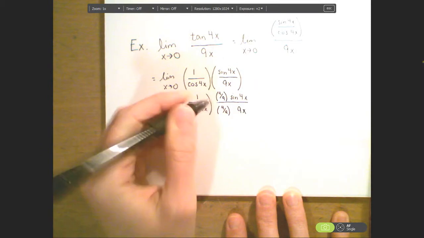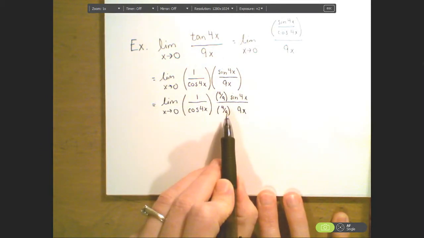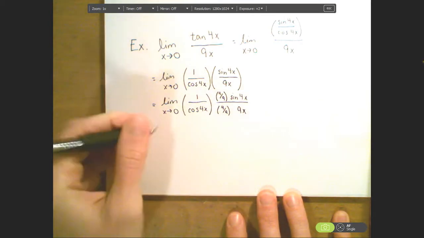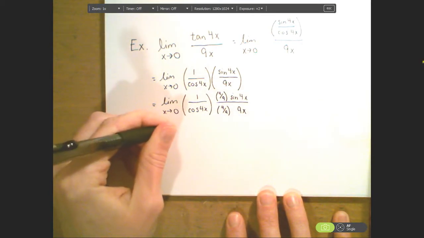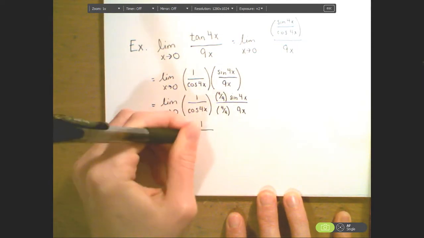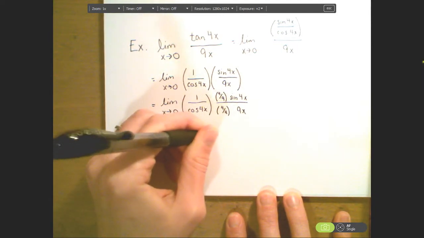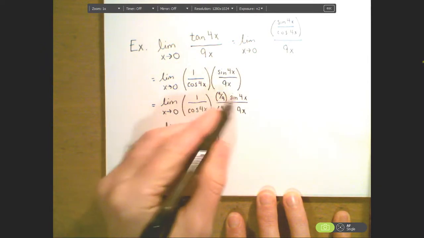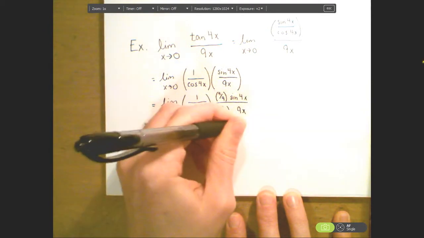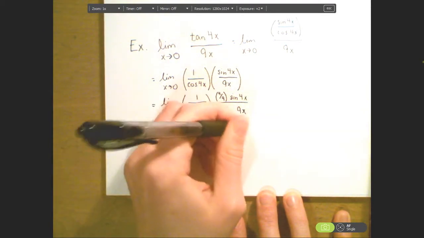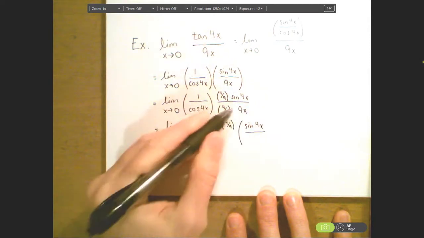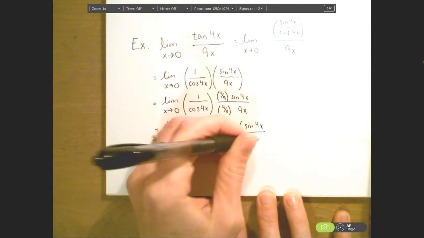What does that clever multiplication give us? It means that the 9's cancel and the 4 happens, which means that this is exactly equal to the limit as x approaches 0 of 1 over the cosine of 4x, times 4/9, times sine of 4x divided by, the 9's cancel, I'm left with a 4x.